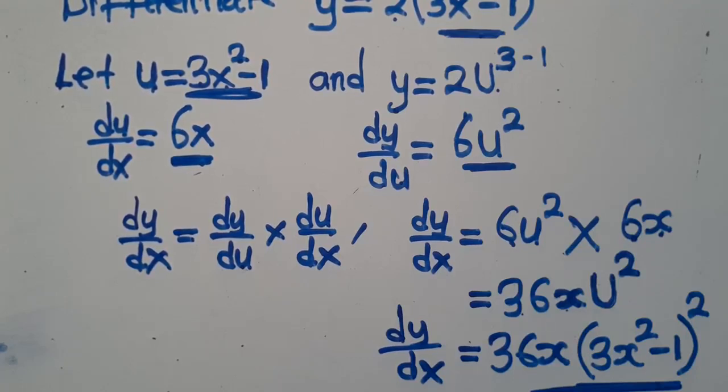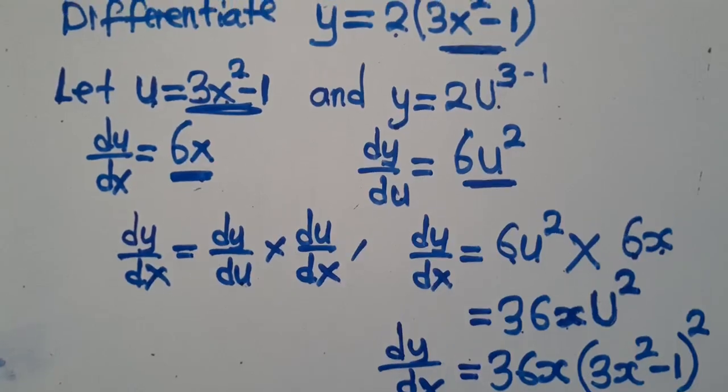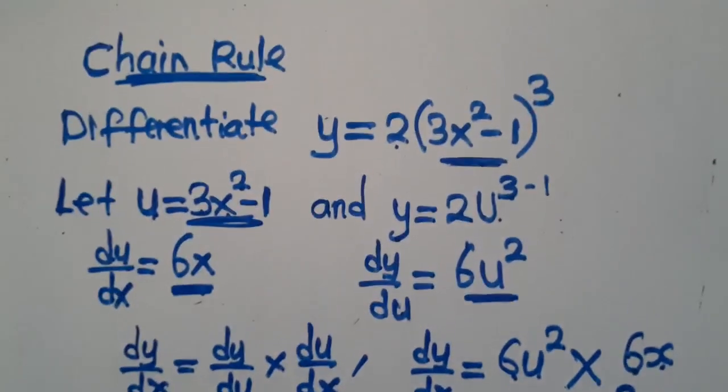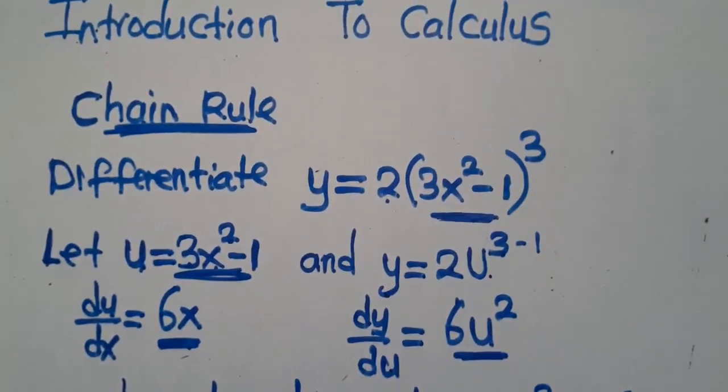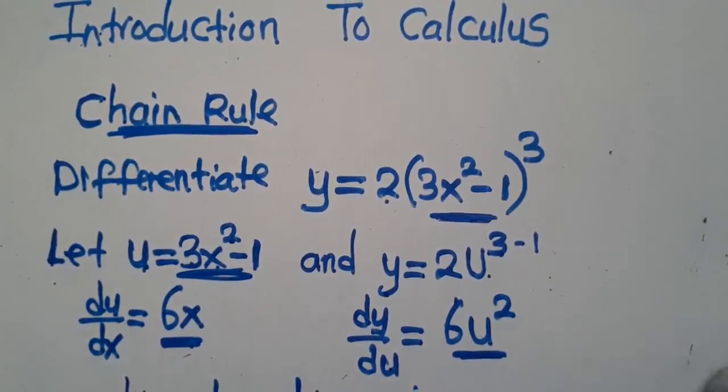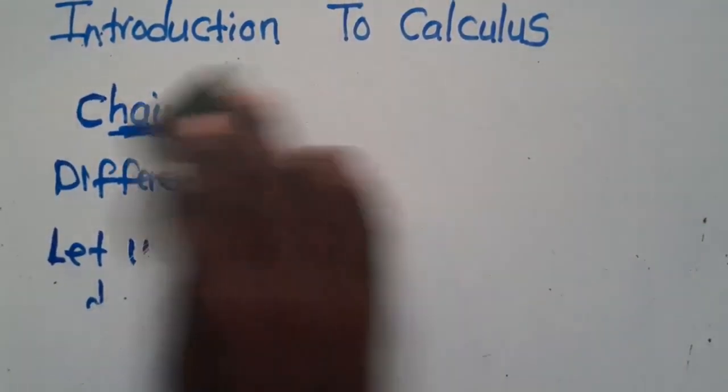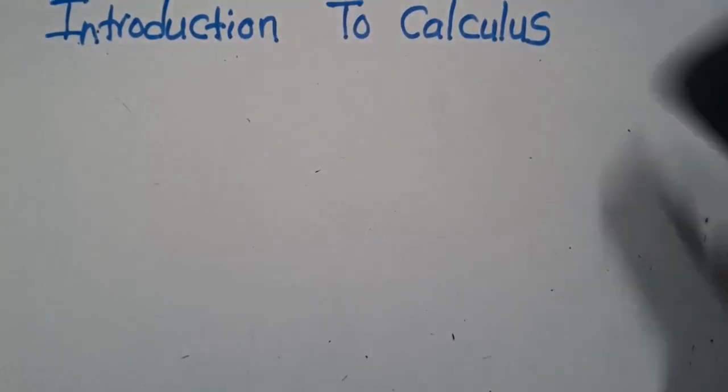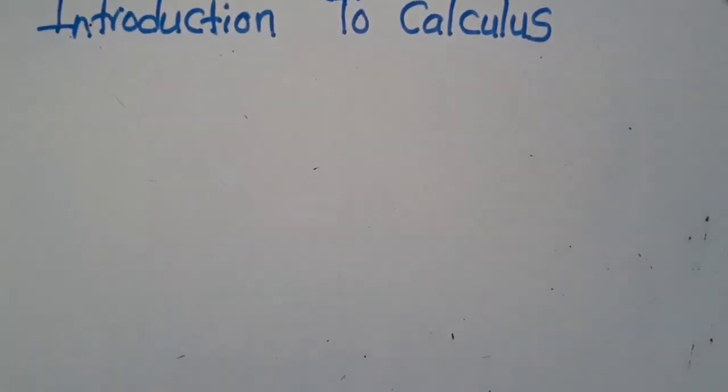So lastly now, let us look at the equation of the normal and equation of the tangent. For you to know how to find the equation of the normal and the tangent, you need to know these two methods that I've discussed with you on how to differentiate.